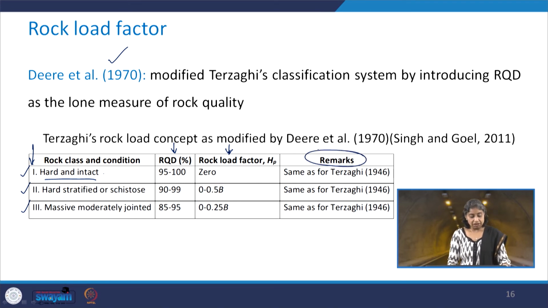In these three rock classes, that is 1, 2 and 3, the rock load factors remain the same as they were in Terzaghi's rock load theory, which was proposed in 1946. So, no change is there, even with the inclusion of RQD.